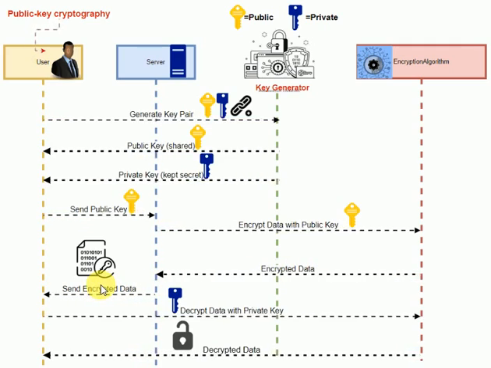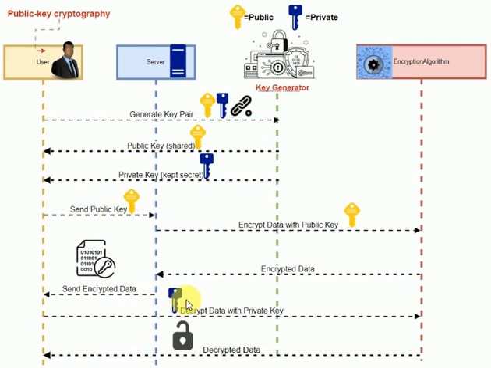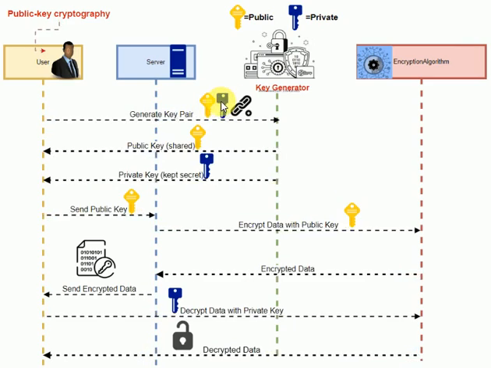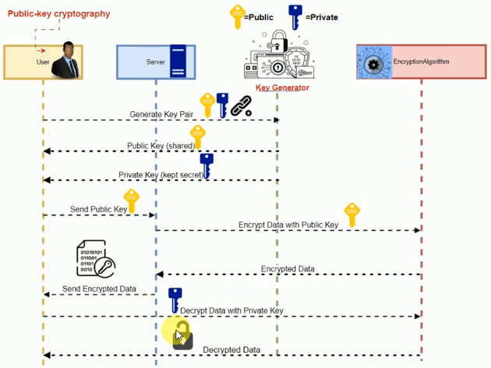Once the user receives the data, he will decrypt it with his own private key. Initially the key pair of public and private keys was generated, and the private key is kept secret only with the user. So he decrypts the data only with his private key, and once decryption is done, he can access the data.